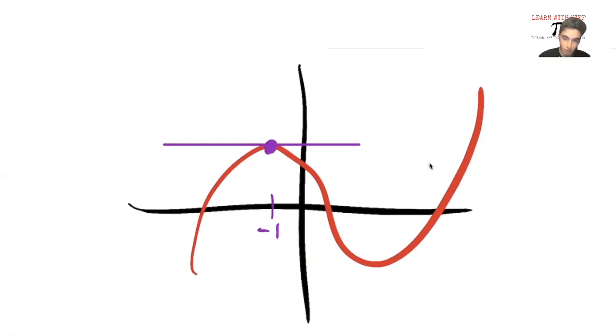Because if you have a tangent to any part of the graph, the value of that tangent is just going to be the slope of that specific point. And it's important to note that at a max value like this, where the function is turning around, the derivative is always going to be 0, because this tangent right here doesn't have a slope.